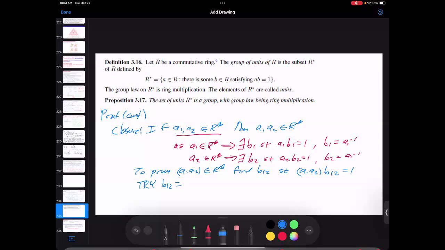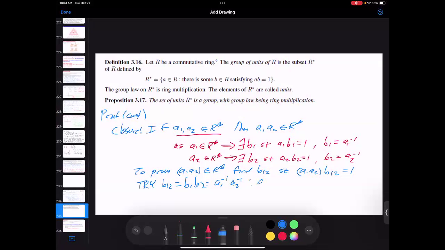B1 times B2. And that would be A1 inverse times A2 inverse. You have the wrong index here. So is that what you want to try? A1 inverse, A2 inverse? Okay, so if we try that, what would we get?